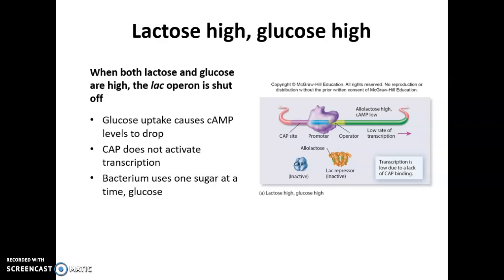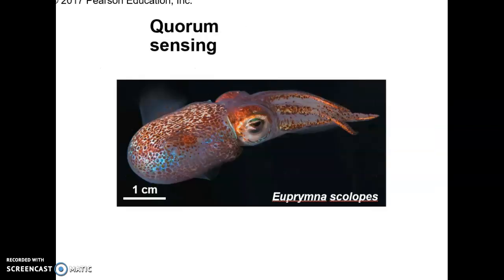The last thing that I want to say about control of gene expression in bacterial cells is about quorum sensing. Remember, we discussed this in a previous lecture. This is where molecules are sent out by bacterial cells, and they wait to receive similar molecules back from other bacterial cells.